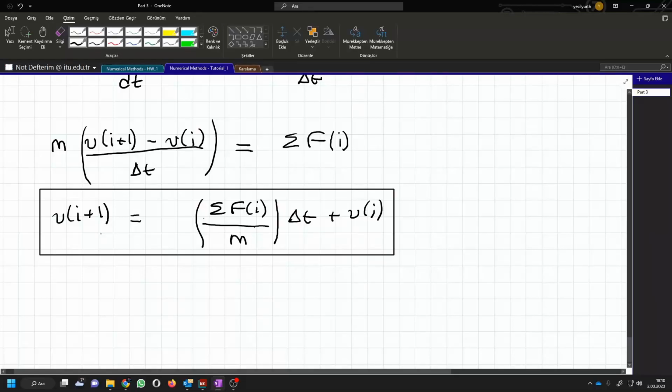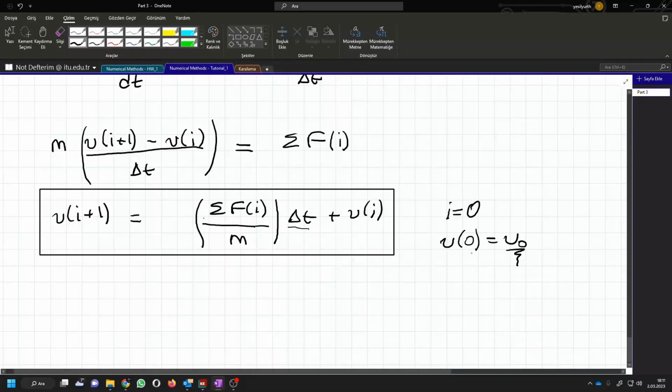So starting from the initial condition, which was v0 at i equals to 0, which we already gave you, we can find all the solution by marching in time with the steps of delta t.